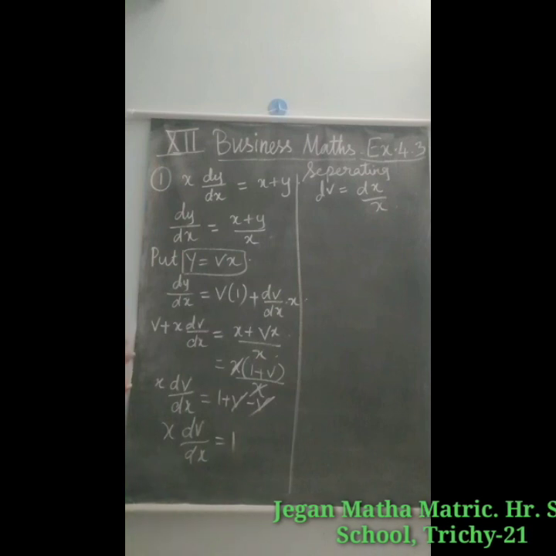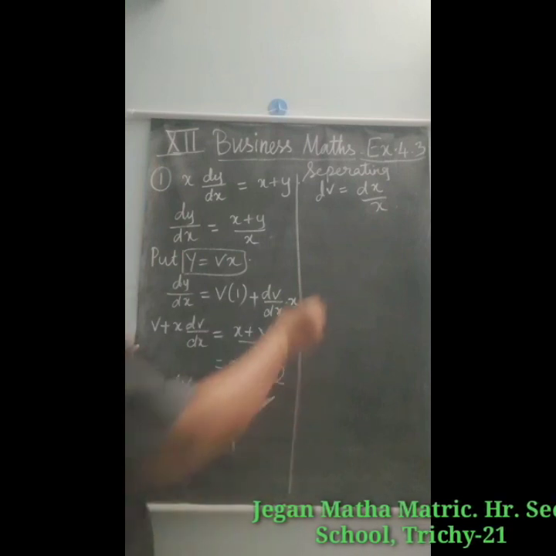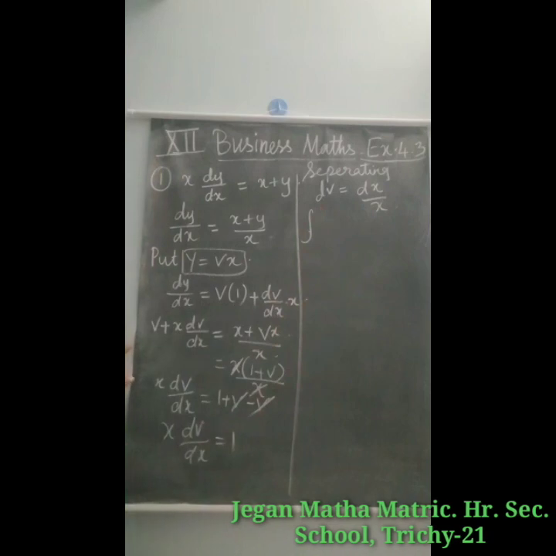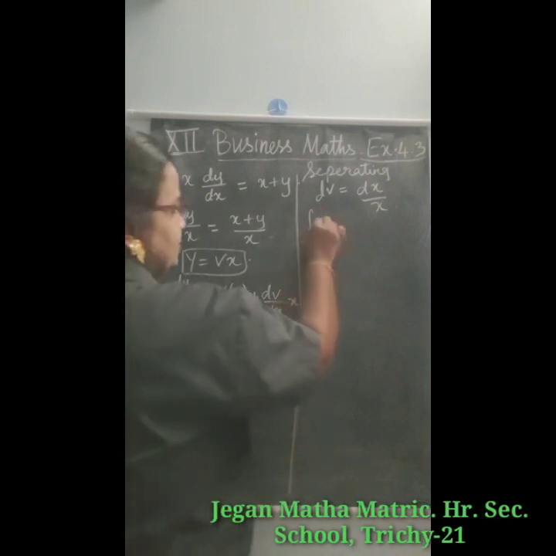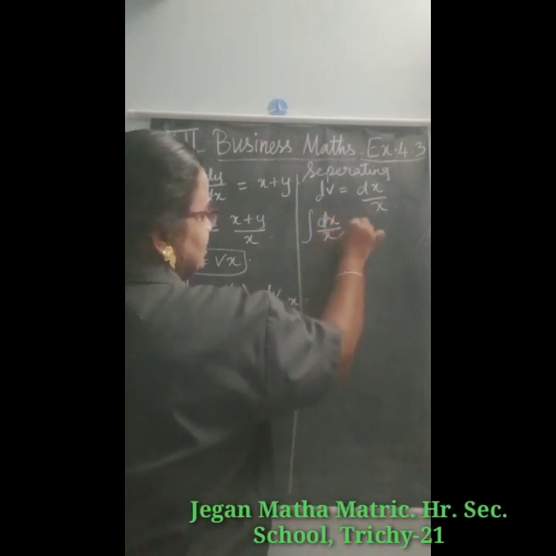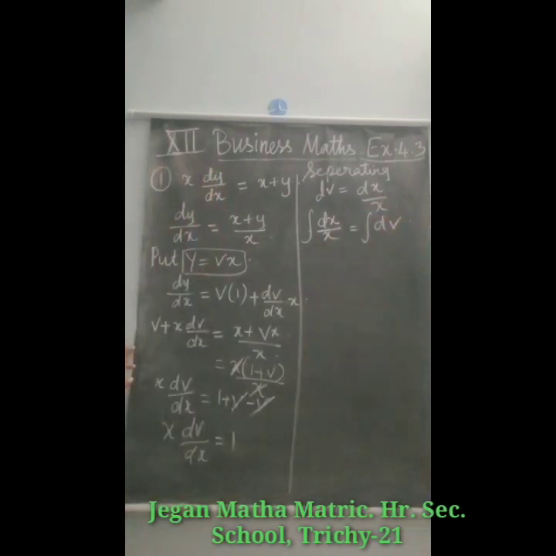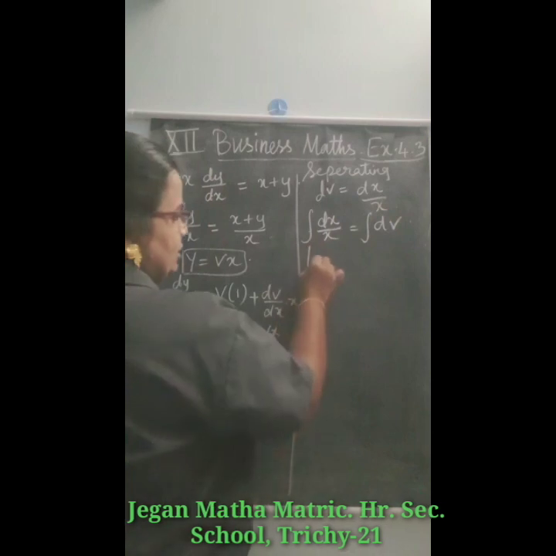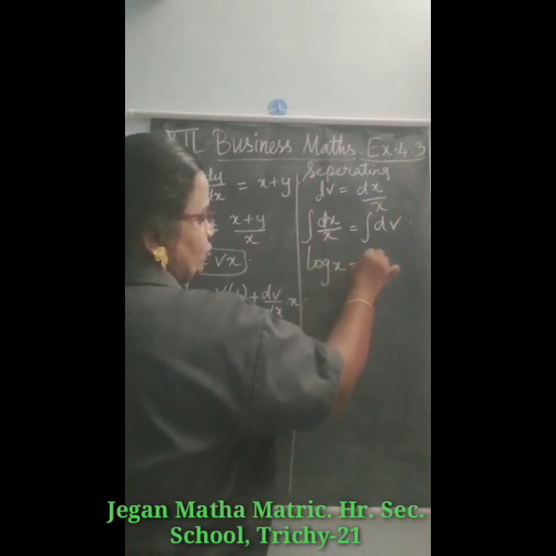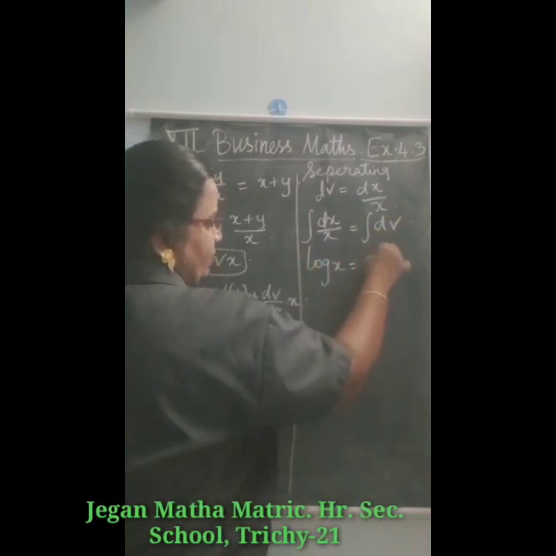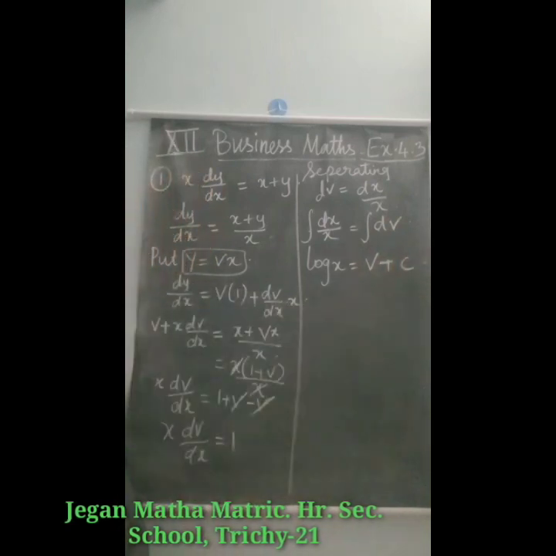After that, we have to integrate this one. We will get the integral of dx by x is equal to the integral of dv. What is the formula for the integral of dx by x? That is log x. So, log x is equal to v plus c.